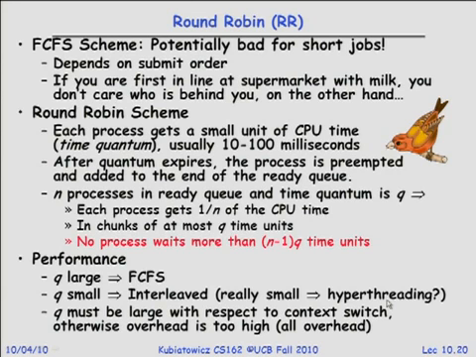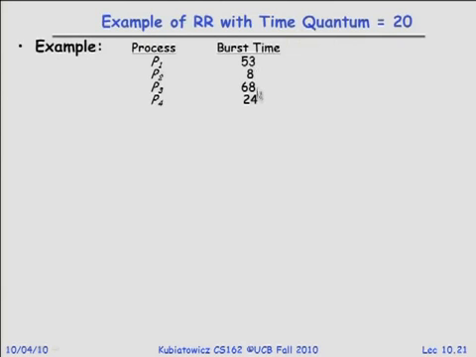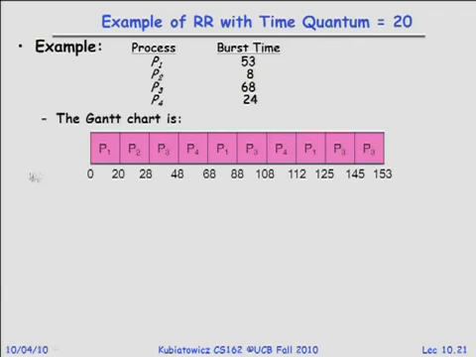Now, let's take a look at some examples. Here you have some processes with some burst times. Process 1 is 53, process 2 is 8, process 3 is 68, process 4 is 24. Poor process 2 is really regretting being in this convoy. If we've got a quantum of 20, notice that P1 runs for 20, then P2 runs for its 8.